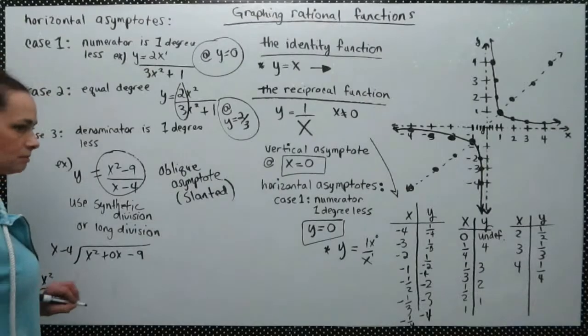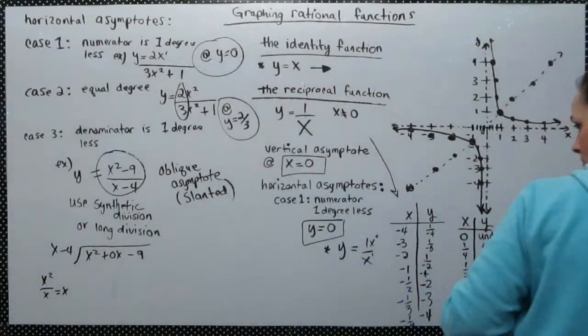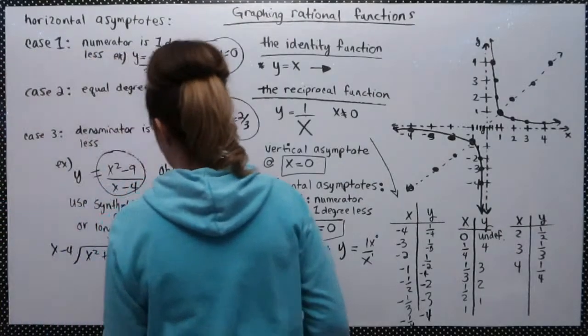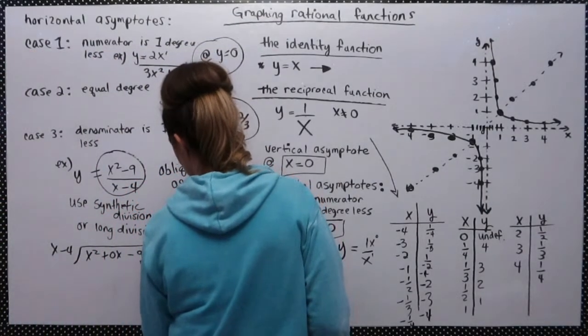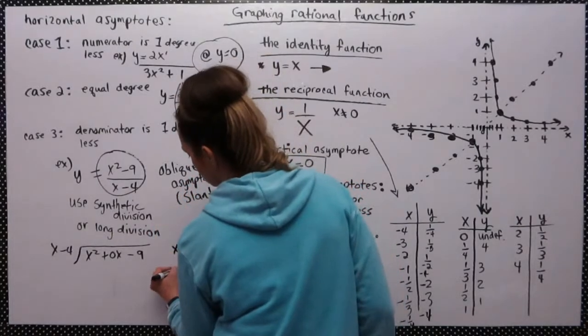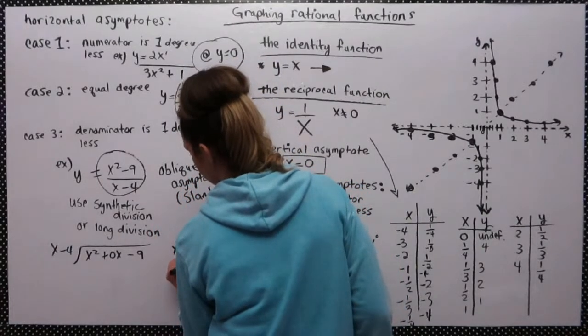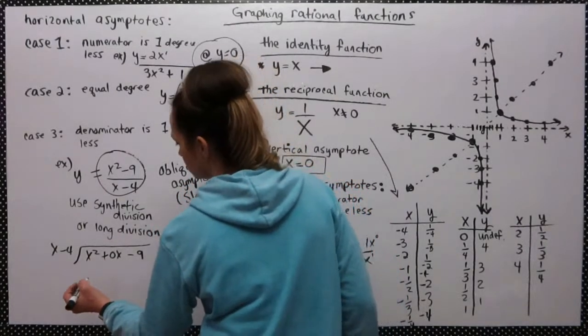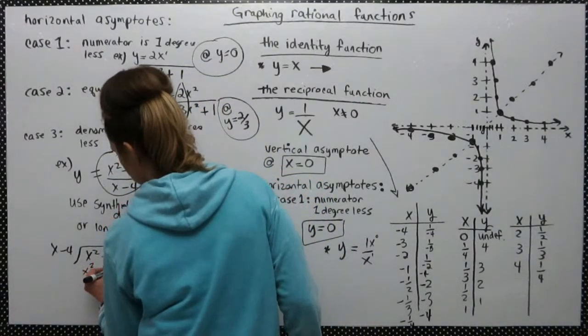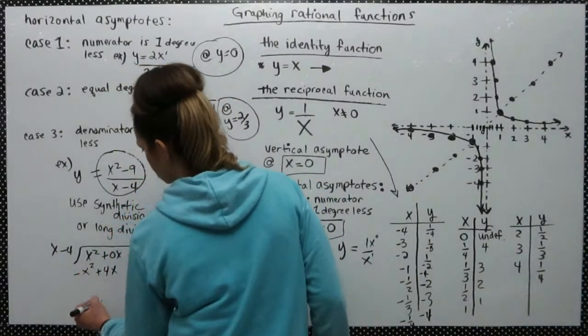Let me erase that and put it over here. So we'll say x times x minus 4. And that's x squared minus 4x. So we're going to say x squared minus 4x. And we're subtracting, so we've got to change sign.